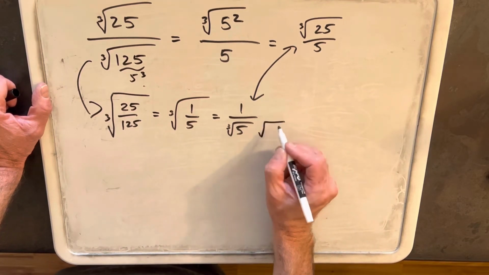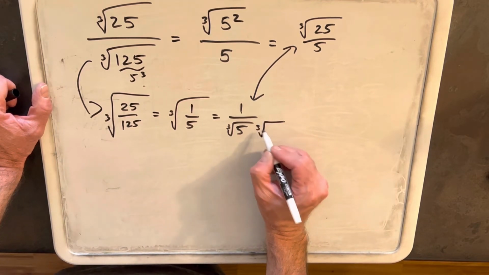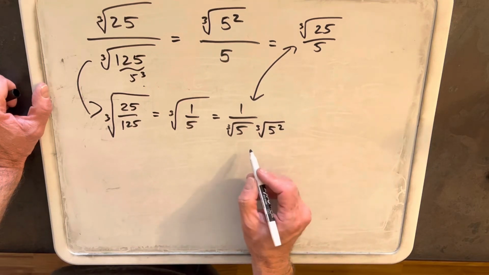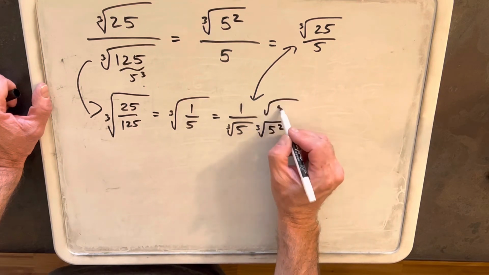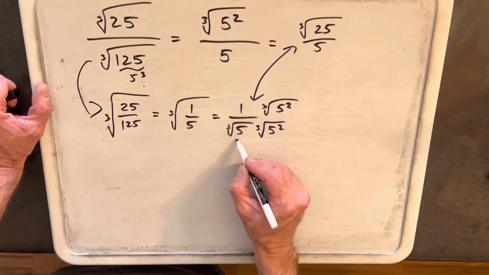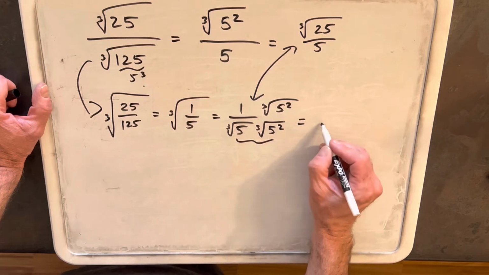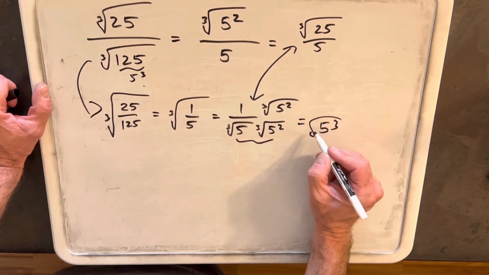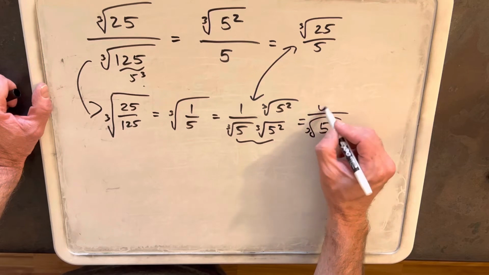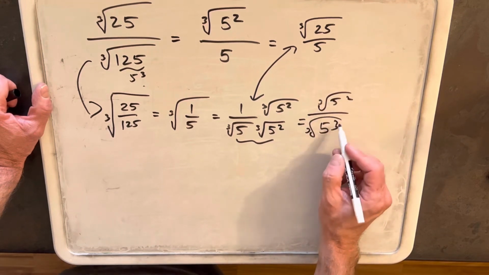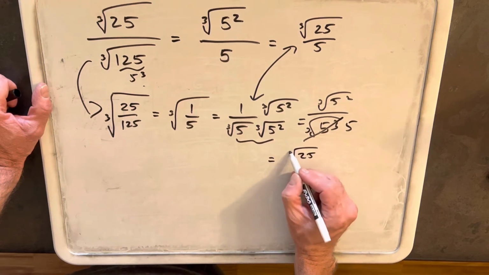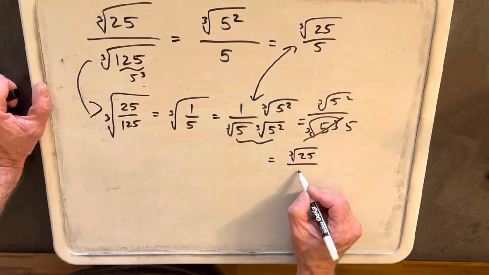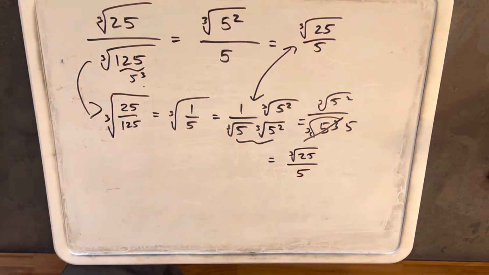So what I'll do is multiply by a 5 squared here to eliminate the radical in the denominator. But then this is going to combine to, something just went off. This is just going to be a 5, and then we're back to the answer we had above. So no different. This way is clearly longer, right? You can kind of see all the more work. So that's the long way.